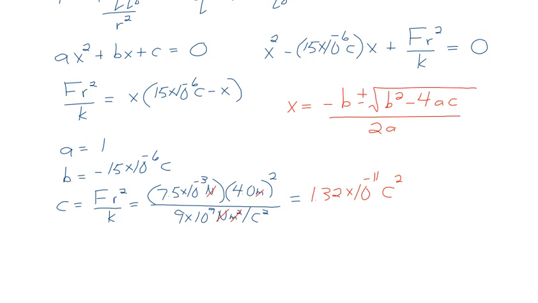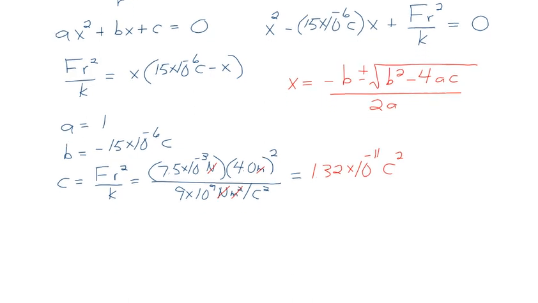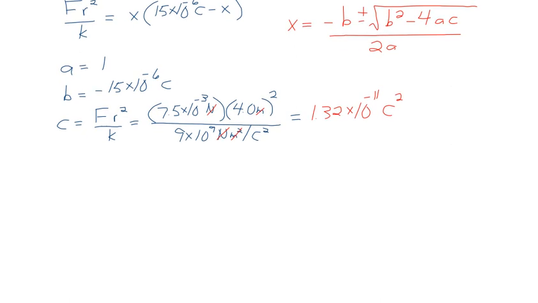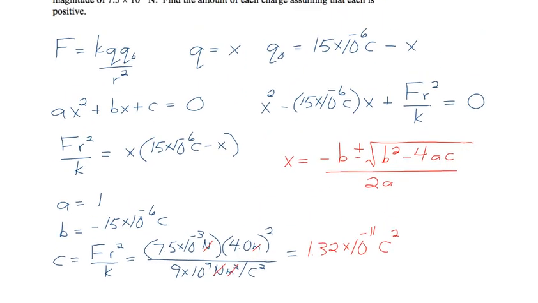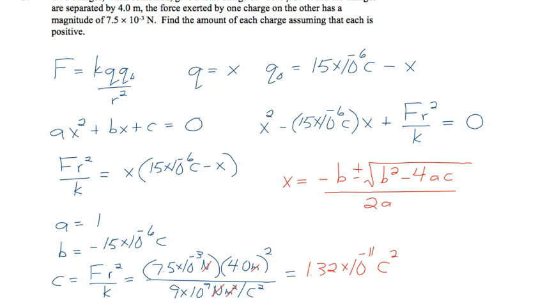And we know the values of A, B, and C. Our answer will be in coulombs. Our X is going to be one of the charges. If we go up to the top here, Q equals X, so it is going to give us the charge when we solve for X.